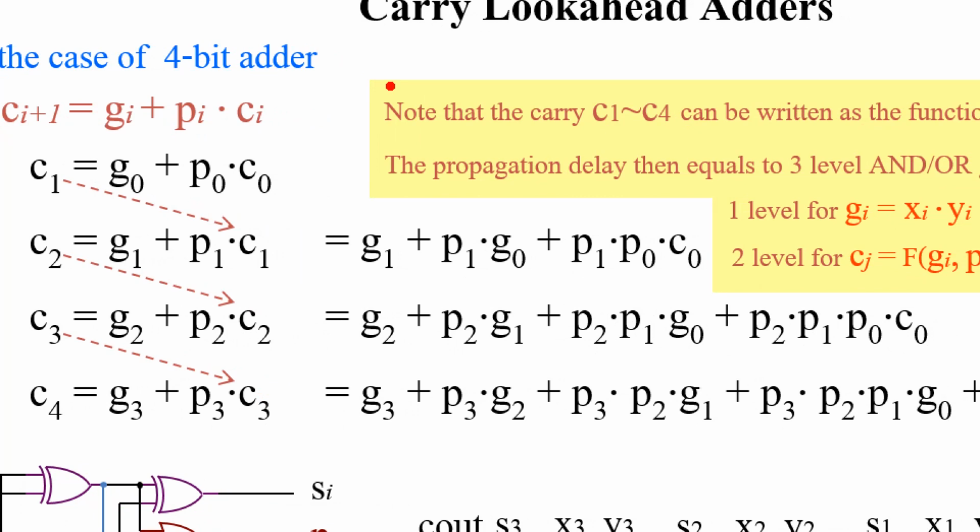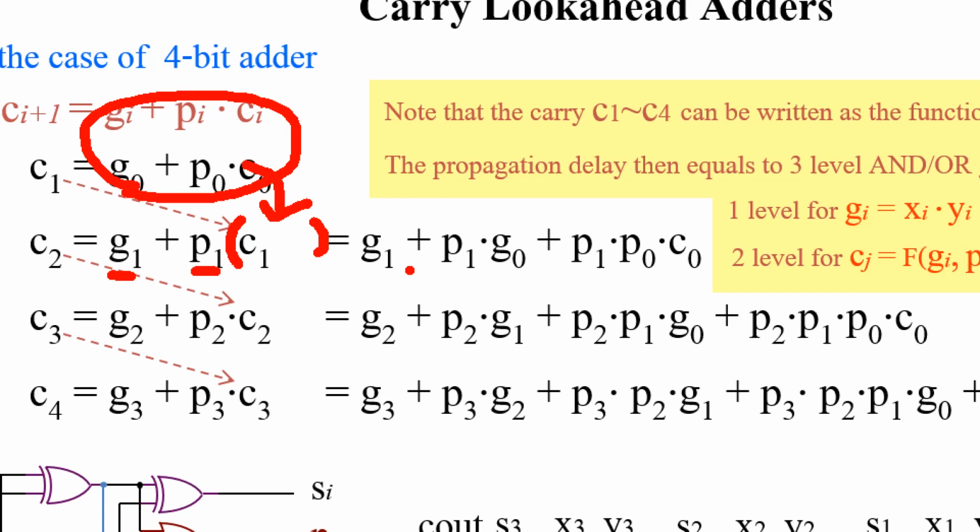Okay, now because C1 equals this, when you substitute this term into this, you can write this expression: G1 plus P1 G0 plus P1 P0 C0.